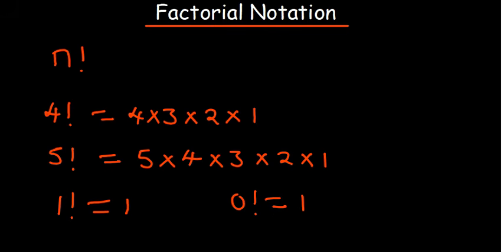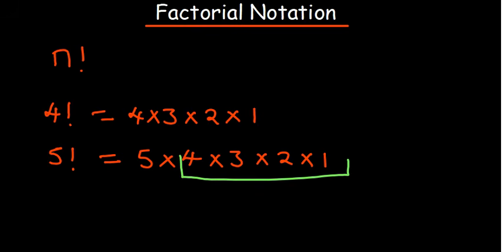Now there are a few interesting things that I'd want you to get from the onset. If you look at 5 factorial, you observe that you have 4 all the way down to 1, which is equivalent to 4 factorial. So I can express 5 factorial to be 5 times 4 factorial. Why? Because 4 factorial is the same as 4 multiplied by the numbers less than it until we reach 1.